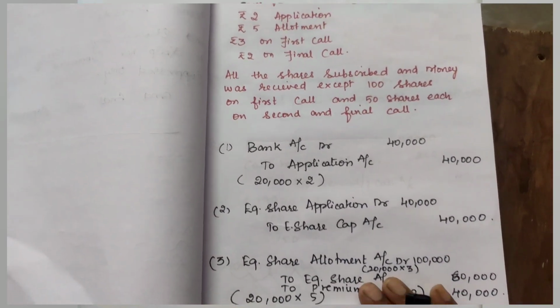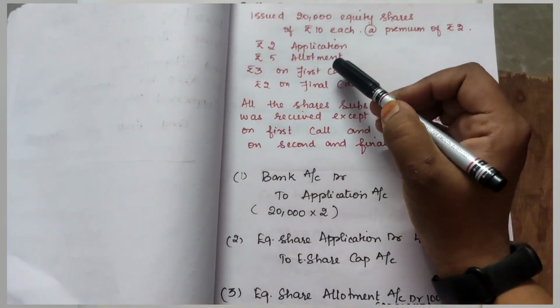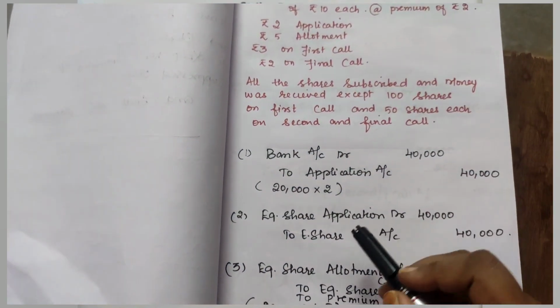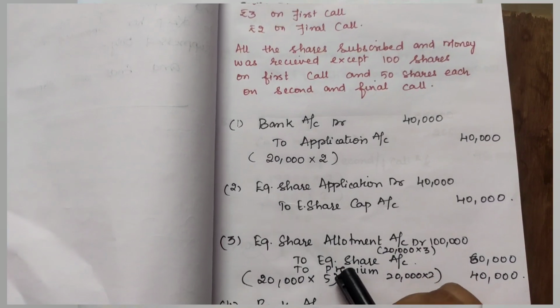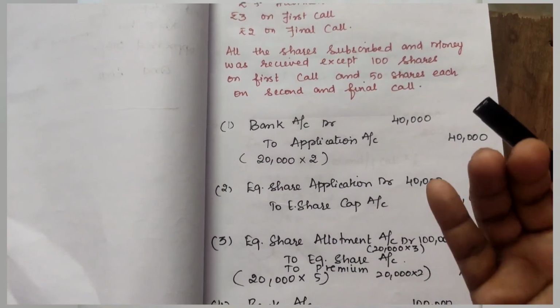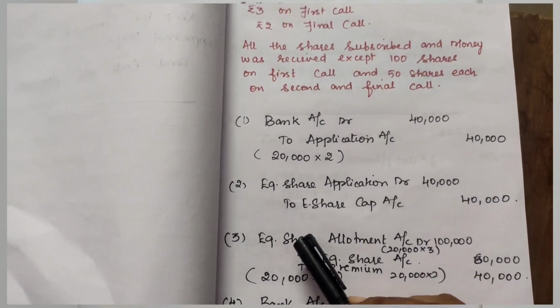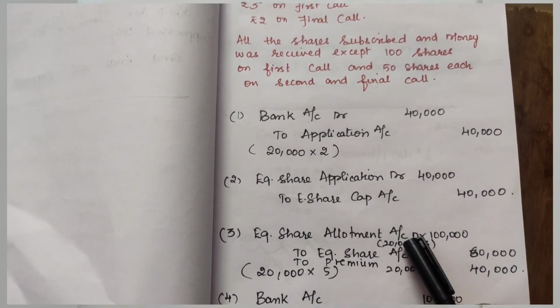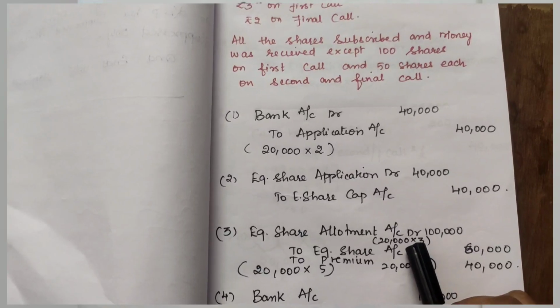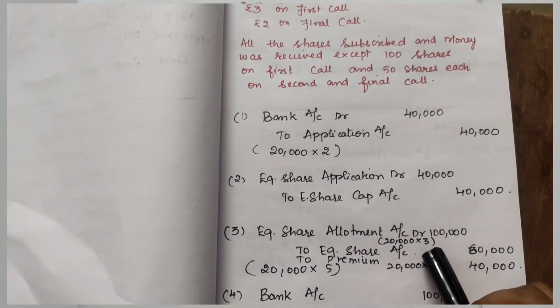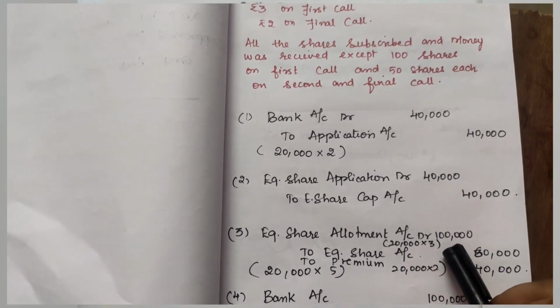After that, first you invite for the allotment call, and then you will get the money the second time. So first this is the invitation entry, that we are calling for so and so money. So equity share allotment account debit, which is 20,000 into 5, to equity share capital account, which is 20,000 into 3, to securities premium account, which is 20,000 into 2.